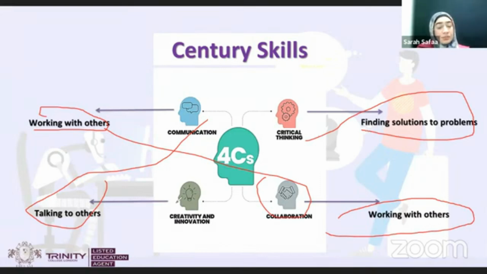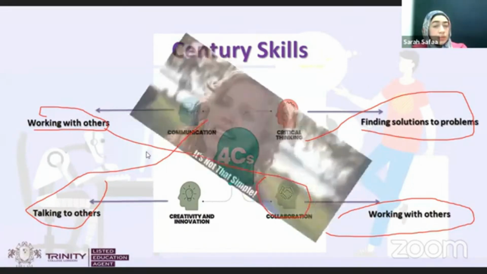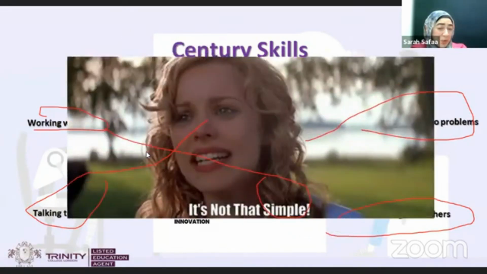Creativity is to be able to produce new solutions. Yes. So knowing these things will make me able to evaluate my students' skills? No, because it's not that simple.